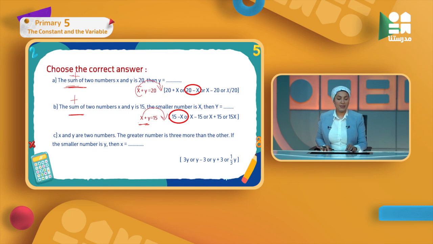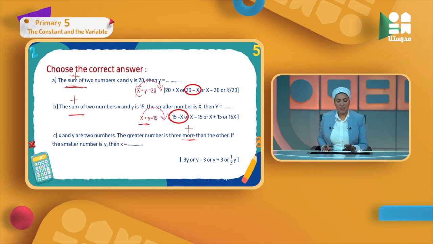Also, let us see. X and Y are two numbers. The greater number is 3 more than the other. More is also a plus sign. More and less. Less is minus and more is plus.